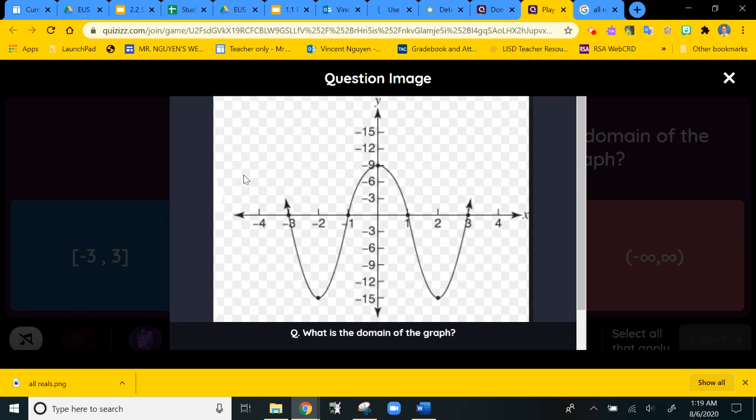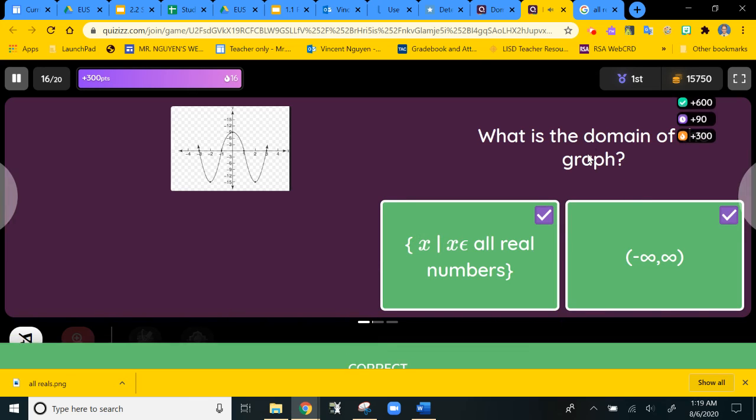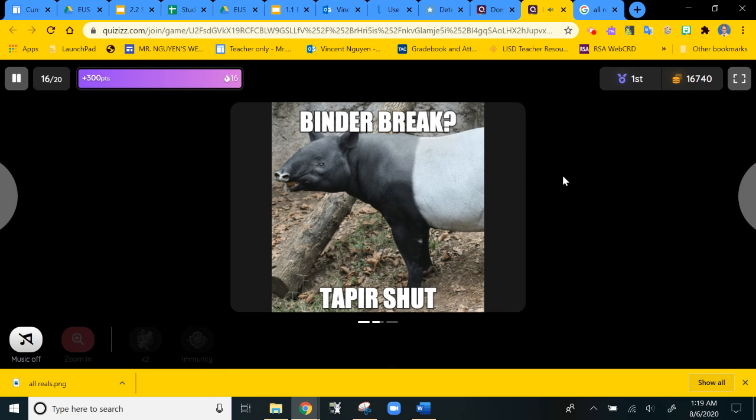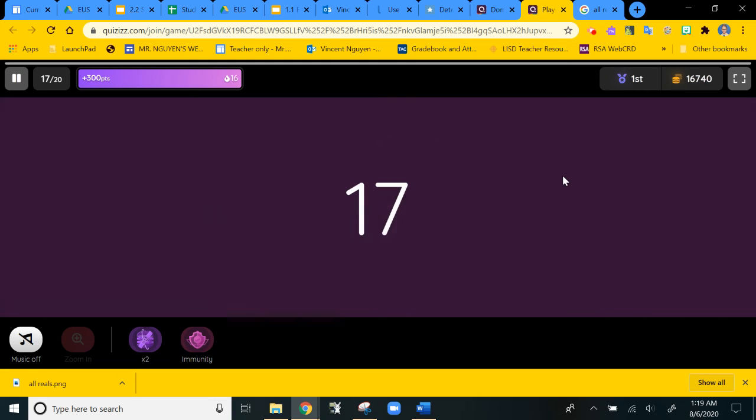The arrow keys just mean that it's going infinitely in that direction and infinitely in that direction. So it's all real. Which one says all real? This one says all real, and this one also says all real. Okay, so submit. Awesome. I haven't even missed one.